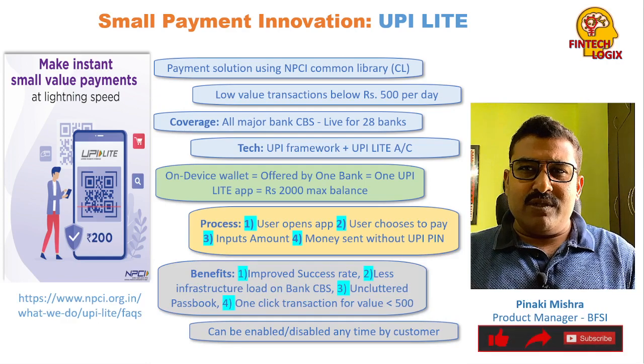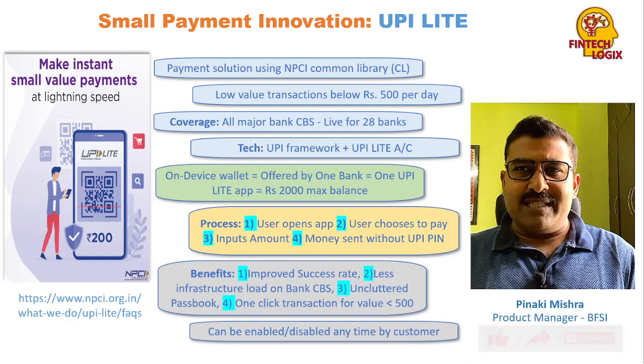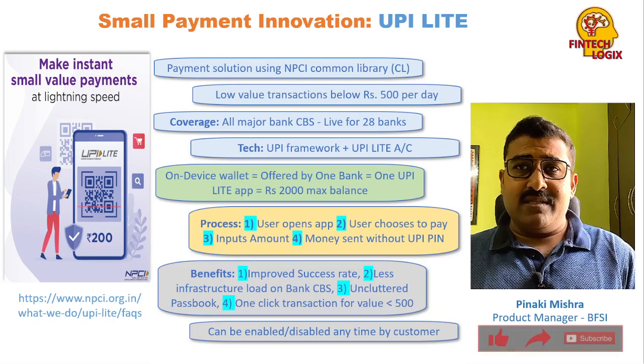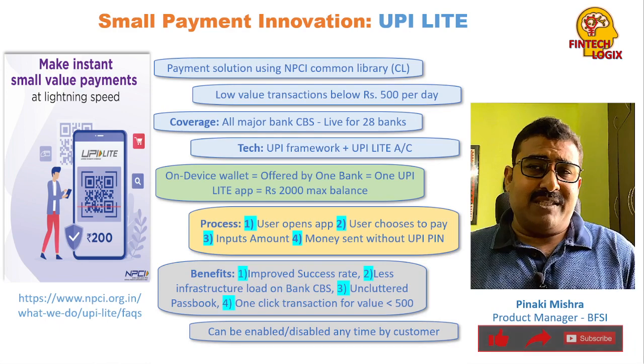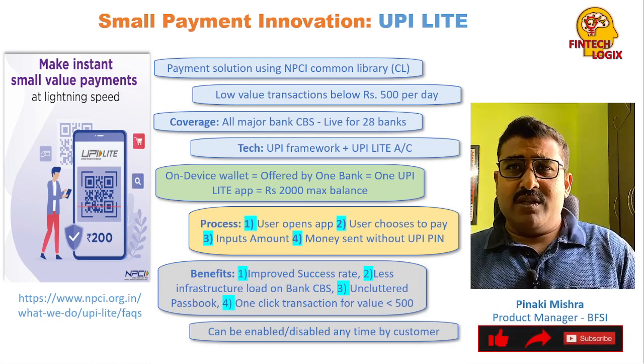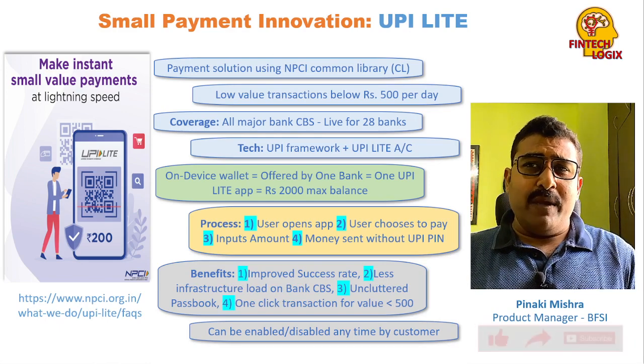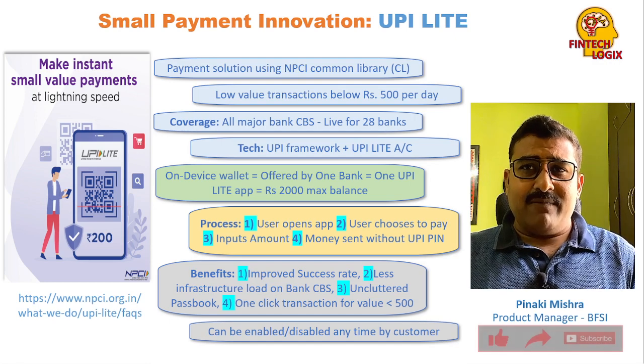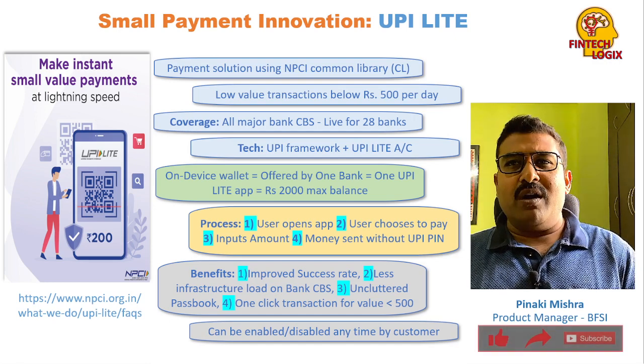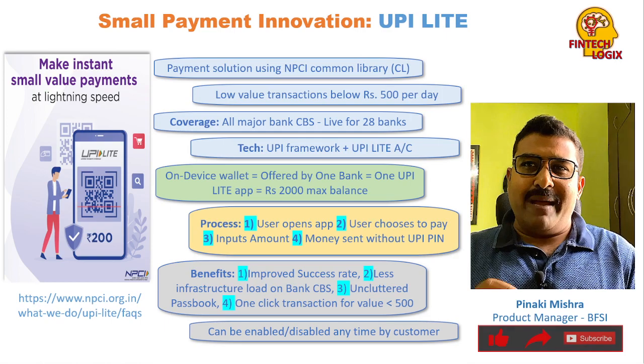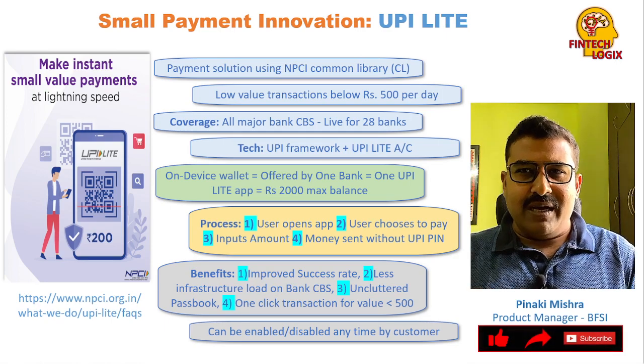So suppose you take a statement for 6 months, you would see a lot of small value transactions which actually makes your statement cluttered. In the case of UPI LITE, the money is being paid from the wallet, so those amounts do not come in your bank statement, and your bank statement looks a lot cleaner.